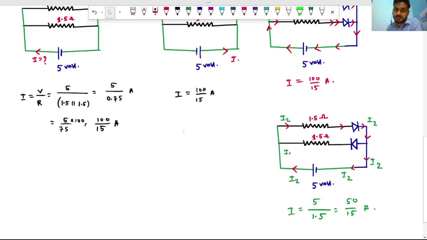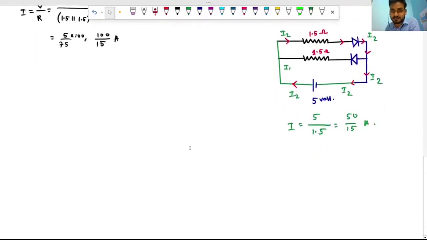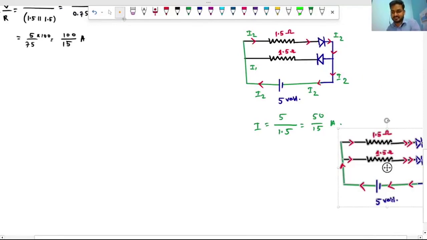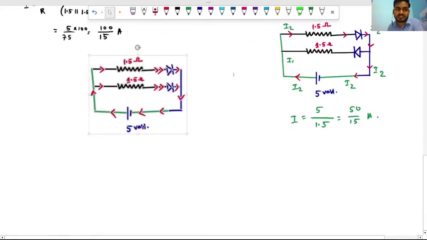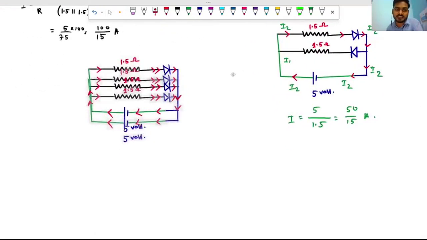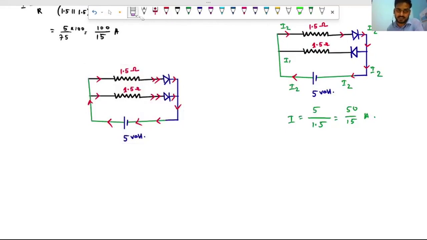Now let us check one more example. We will definitely take the same circuit, but we will change the direction of both the diodes. Before that, let me erase the arrows which indicated the current in the previous analysis.